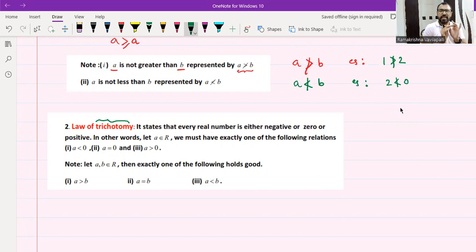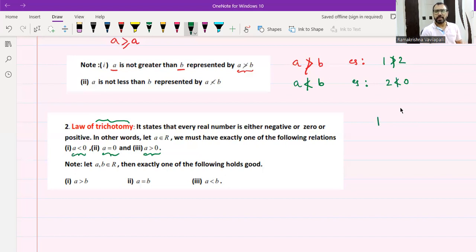So every real number is either positive or negative or equal to 0. For a given number, either A is less than 0 or A equals 0 or A is greater than 0. Only one can happen among these three statements.